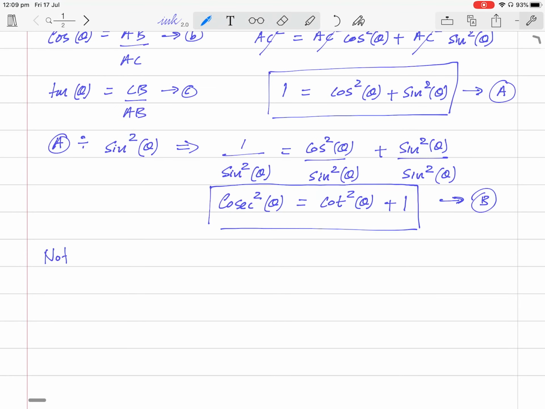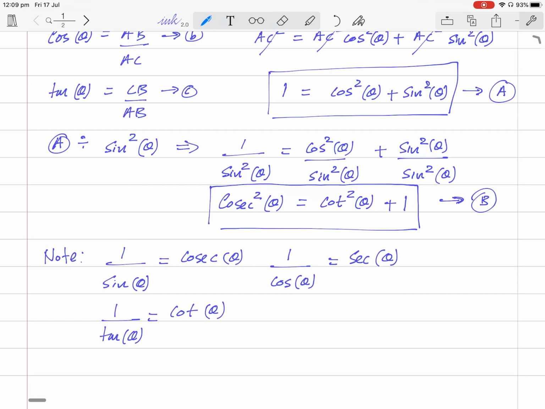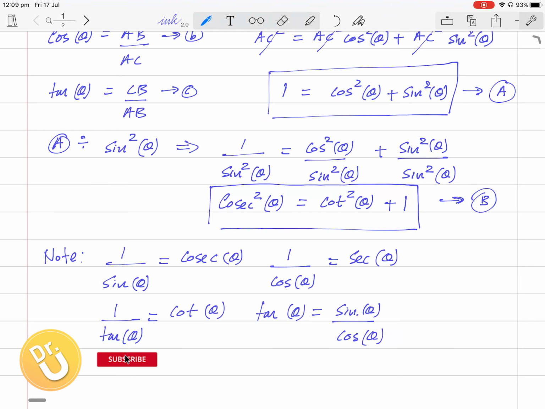So note, we have to know that 1 divided by sin theta in trigonometry is denoted by cosec theta, and 1 divided by cos theta we denote by sec theta, and then 1 divided by tan theta is cot theta, and tan theta is equal to sin theta divided by cos theta, and cot theta is nothing but cos theta divided by sine theta.